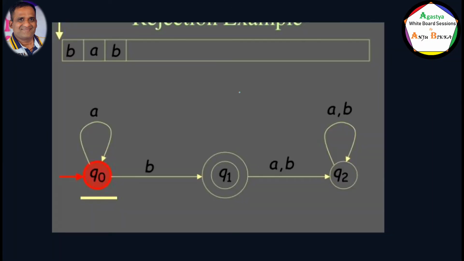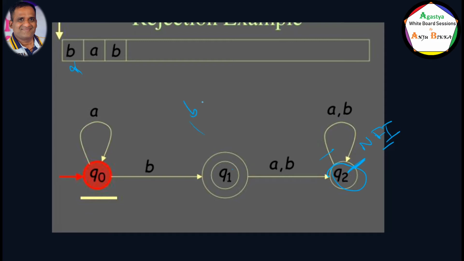In the rejection scenario, BAB, on B it moves to Q1, on A it moves to Q2, and on B it is looping. So this is one type of non-final trap state. What is the trap state? Once you enter into the state, you can't escape. That's what the trap state is.